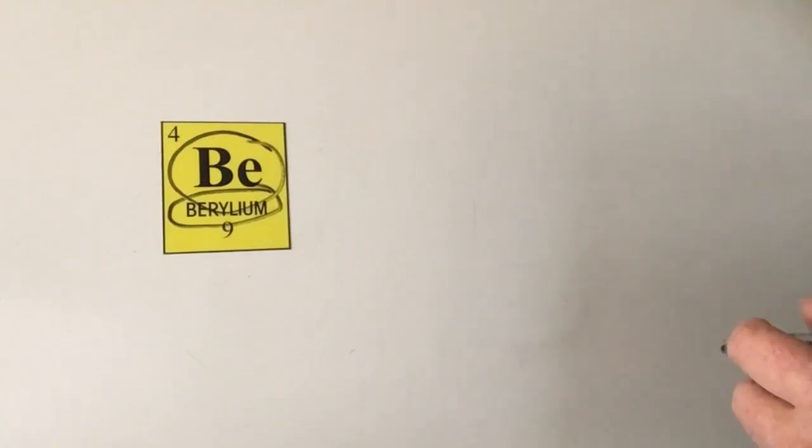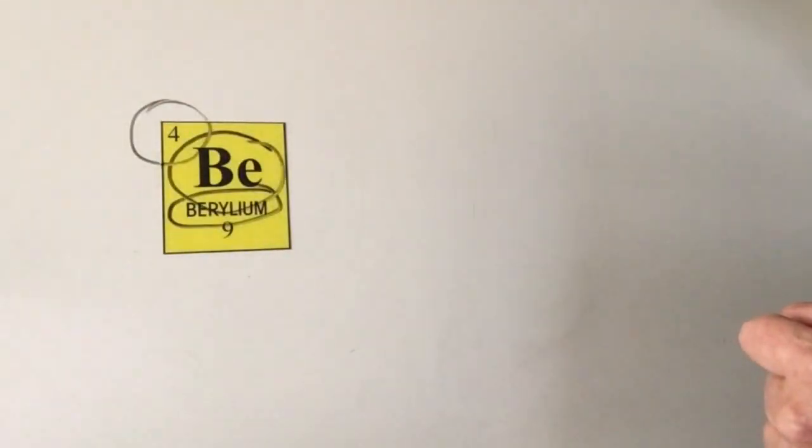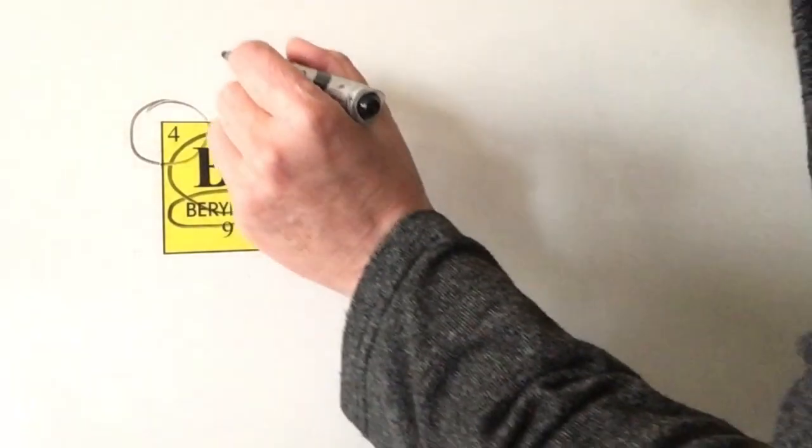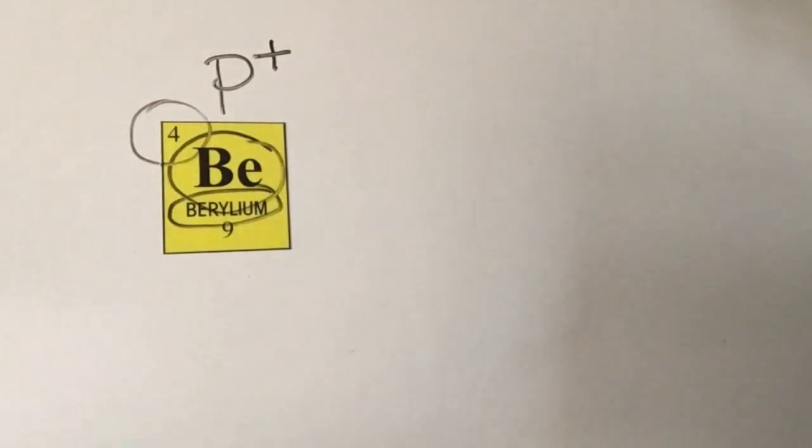So what are the other two numbers? Well, this number here, if you look at the periodic table, shows you its position. It's number 4 on the periodic table. But not only does that show you its position, it actually shows you how many protons this element has. Remember what I said, each of these elements is an atom, and each atom consists of protons, electrons, and neutrons.